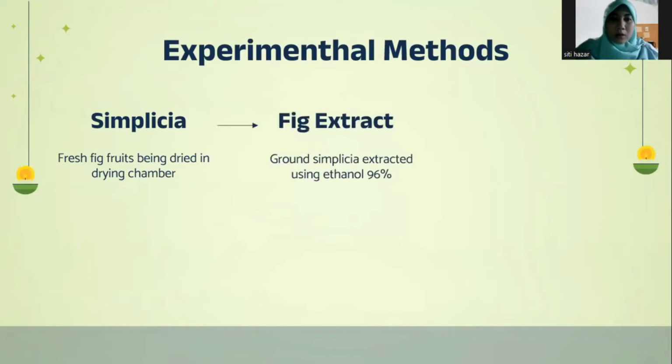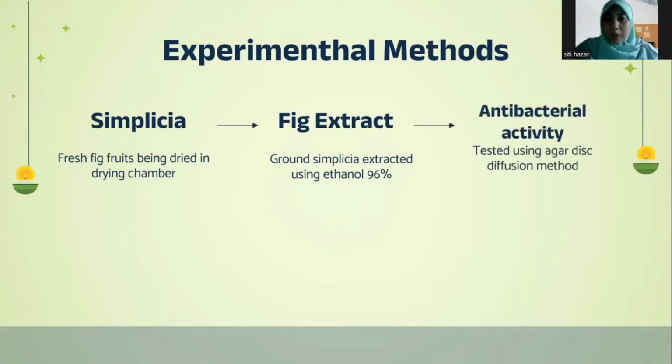Then the simplicia is extracted using ethanol 96% to become fig extract, and the fig extract is tested using the agar diffusion method to know the antibacterial activity.